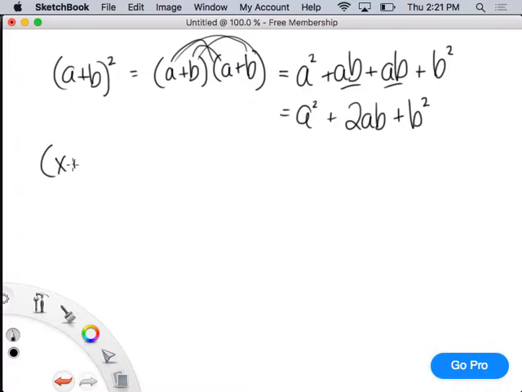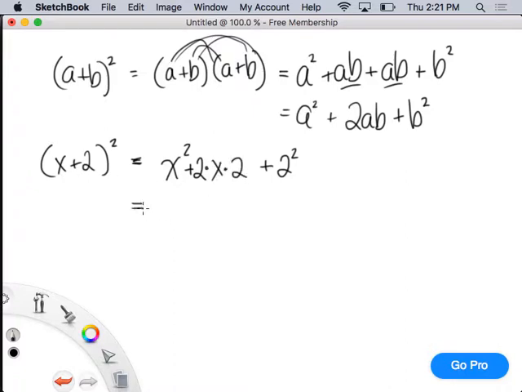So what's an example of that? Well, an example of that is x plus 2 squared. All right? Well, I'll square the first, x squared, square the last, 2 squared, multiply and double. So I do 2, that's the doubling part, times x times 2.